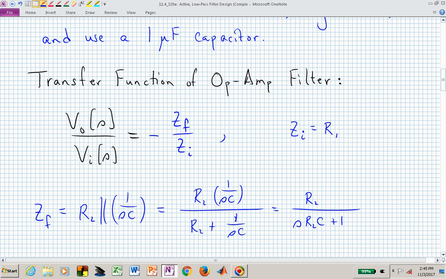Those can cancel, and we're left with, for the feedback impedance, a function of frequency: R2 over the quantity S R2C plus 1.